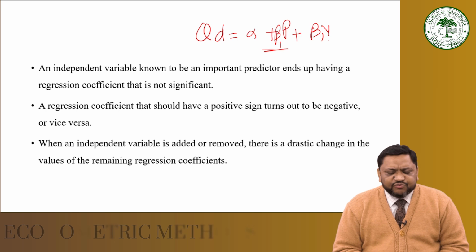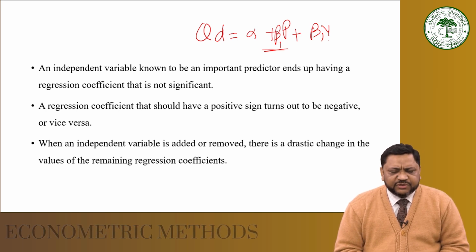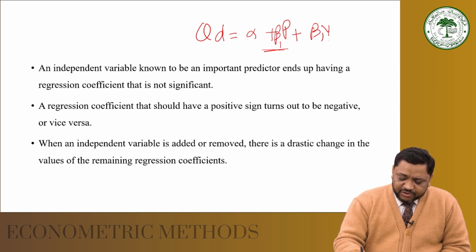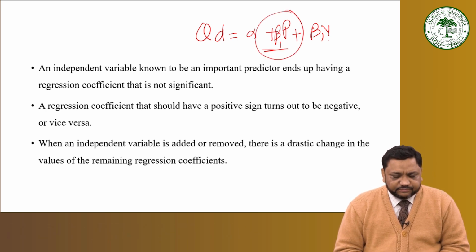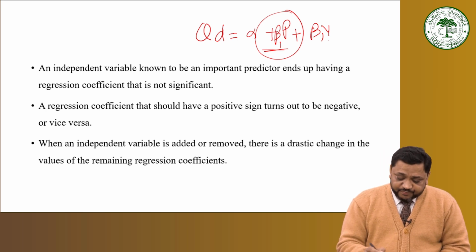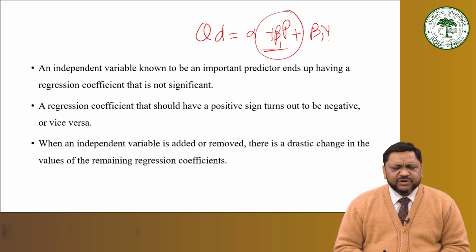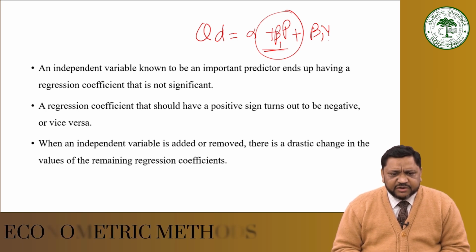In the last class, when we were doing a numerical example, a solved example was presented. We found that the variable price was not significant. Obviously, quantity demanded and price have a very significant relationship. It is a very established fact that there is a significant relationship between price and quantity demanded.